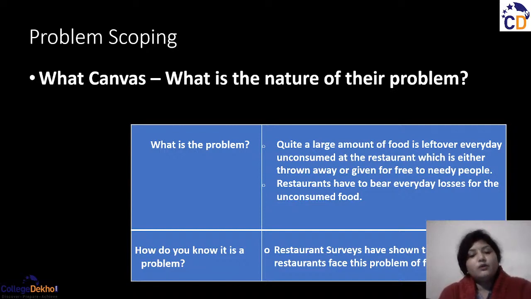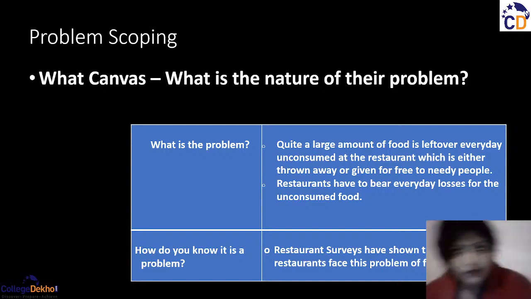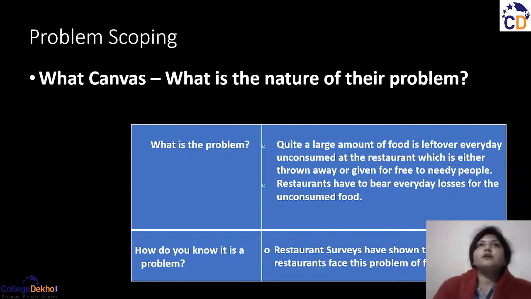How do you know it is a problem? Because restaurant surveys have shown that restaurants face the problem of food wastage, as we have seen in the first slide. Every day we have leftover food, and every day the restaurant owner is facing the same problem.